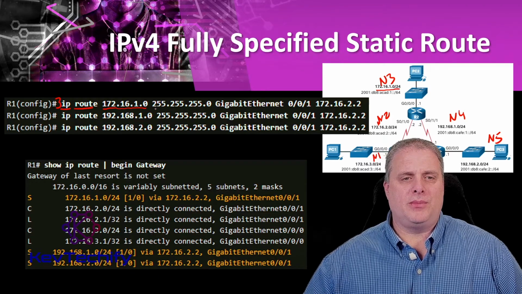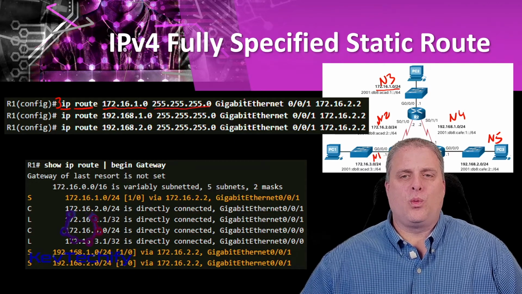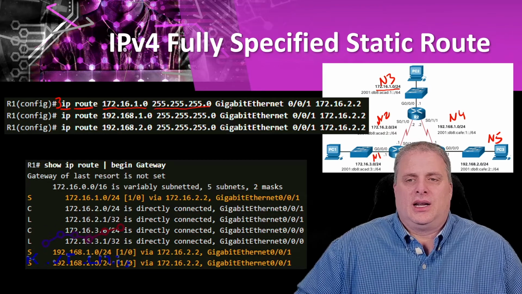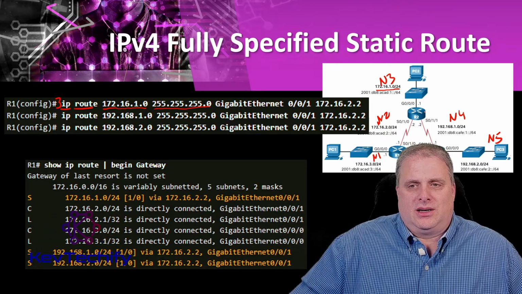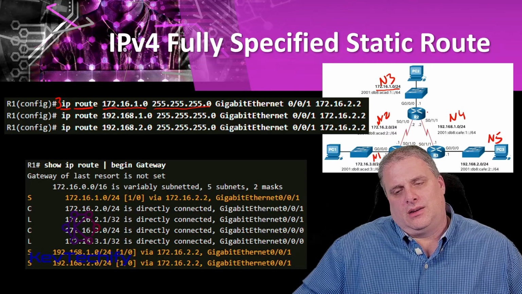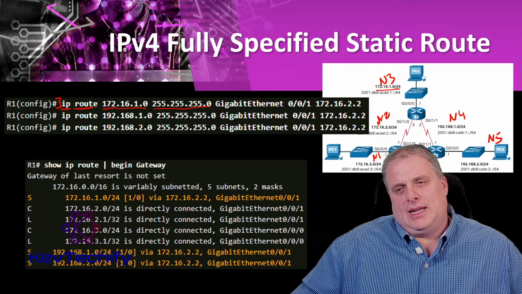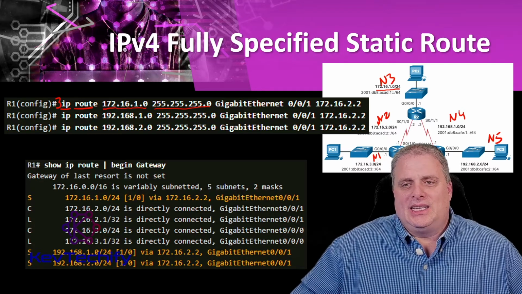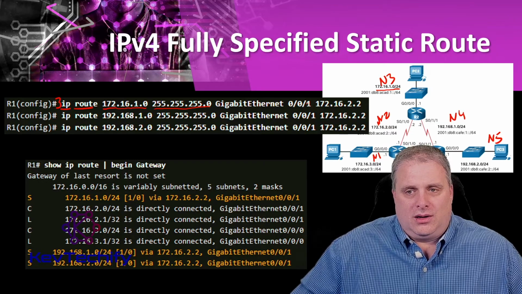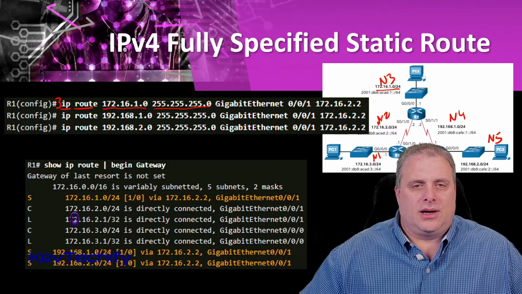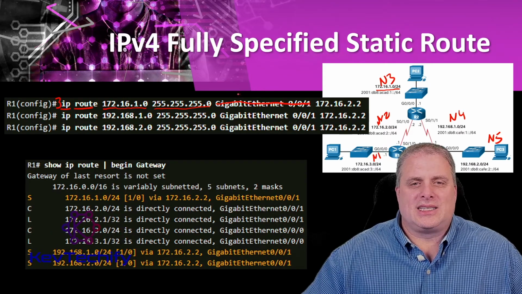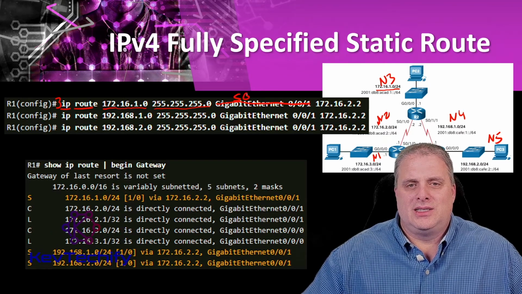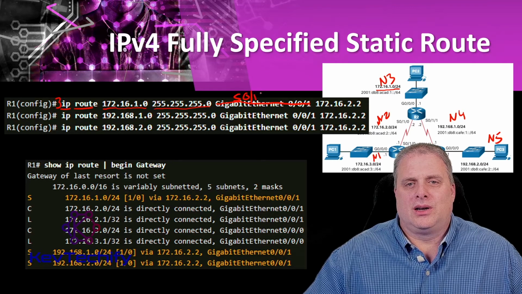Put in our subnet mask. Then we say, what is our exit interface? Our exit interface is not gig 0/0/1. It is a typo. It is serial 0/1/0.